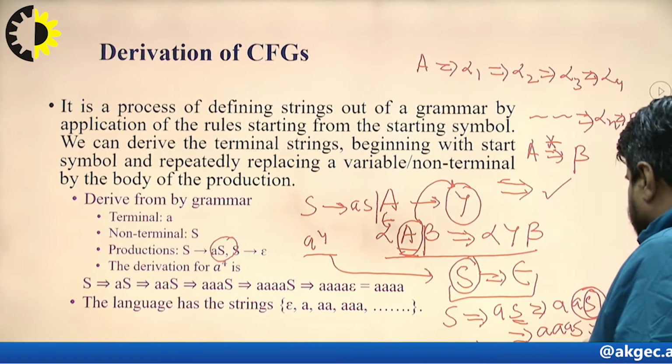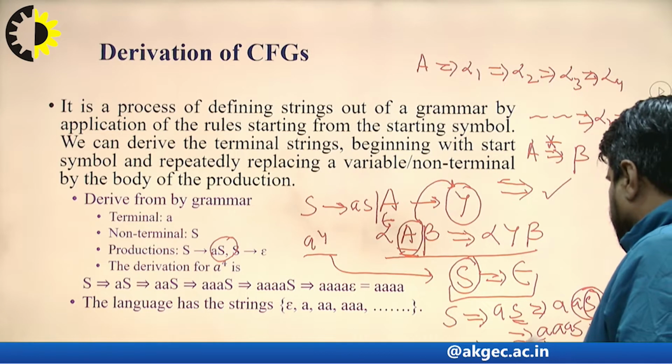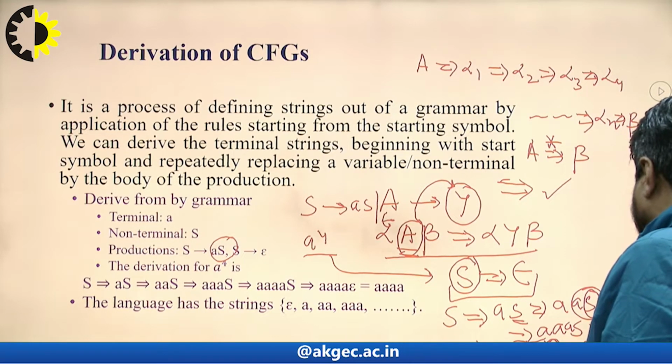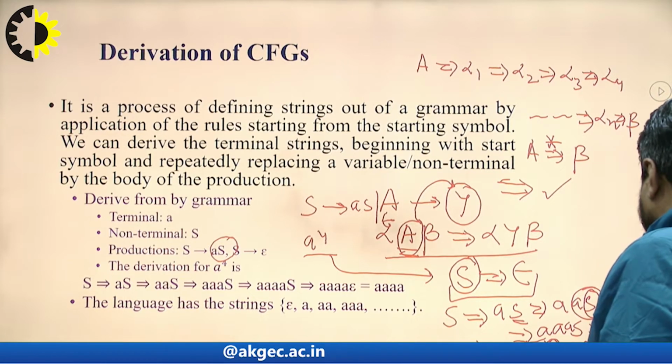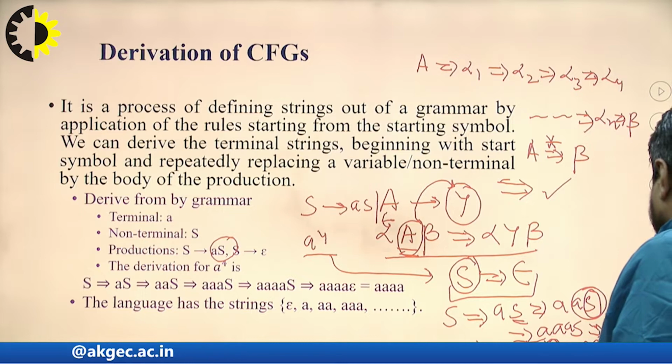At last you replace this S by epsilon, because the required string gets generated here. So you get AAAA epsilon, which in short is a to the power 4.